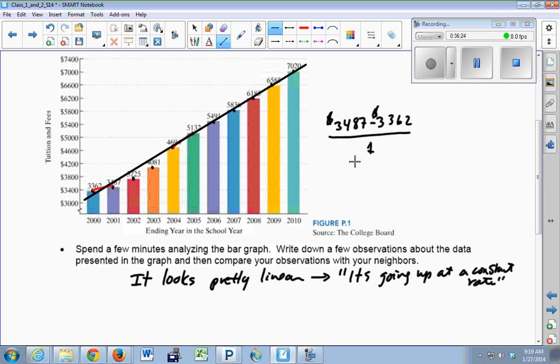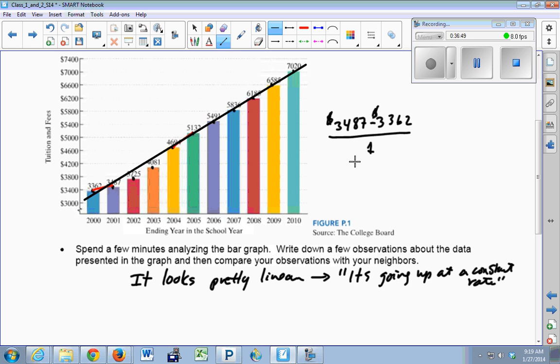Like if I was using this line to estimate the tuition for 2003, my answer would be a little over. Some of them might underestimate, like at the beginning here. So it's possible you could use a straight line as a model for this, okay? So, yep, it looks pretty linear. I agree with that. What else did you notice? What other kind of comments did you come up with?